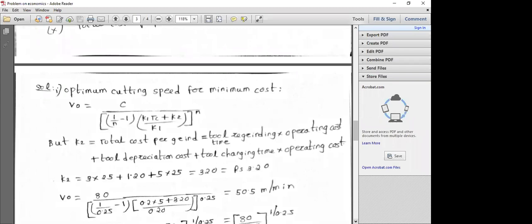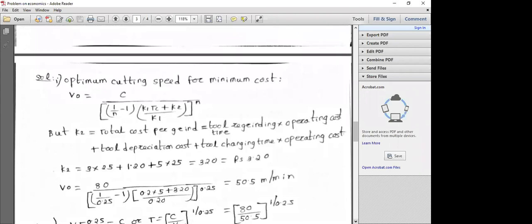The operating cost is 25 paise per minute. The tool depreciation cost is 1 rupee 20 paise plus the tool changing time TC, given as 5 minutes, into operating cost.